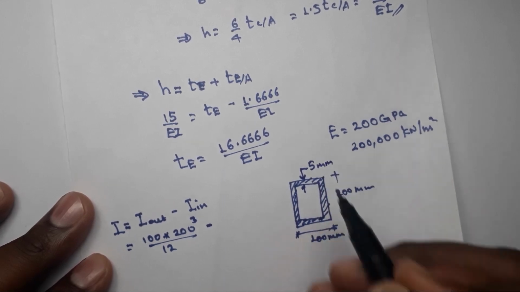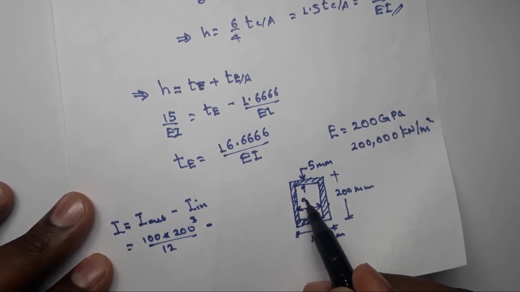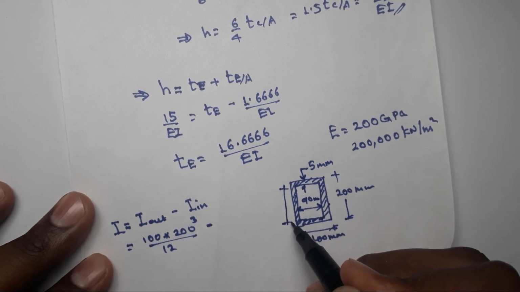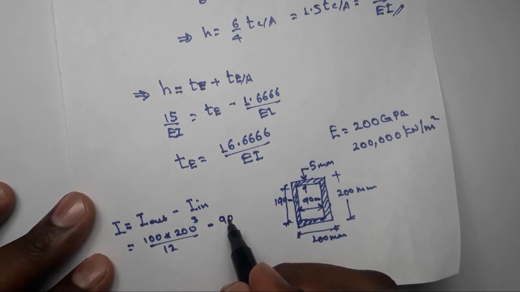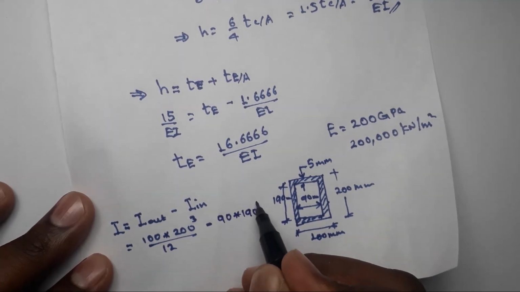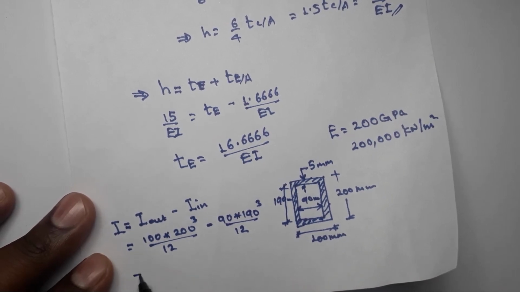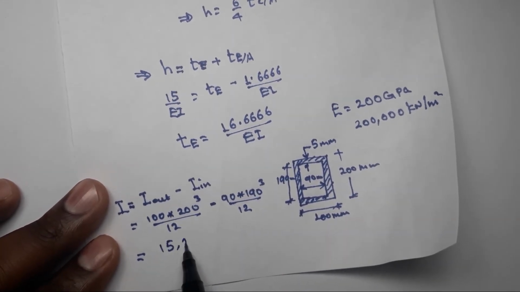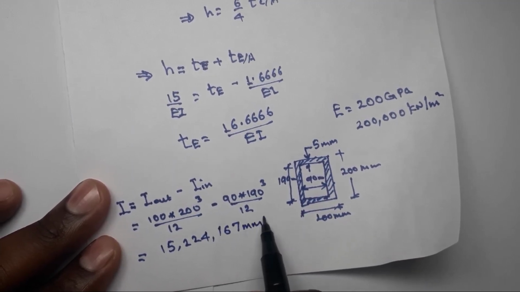The outer one is equal to B is 100 times H is 200 cubed, all divided by 12, minus the inner one. This has a thickness of 5 millimeters, so the inner width will be 90 millimeters, and the inner depth will be 190 millimeters. So it will be 90 times 190 cubed, all divided by 12. So you will get from here 15224167 millimeter to the power of 4.